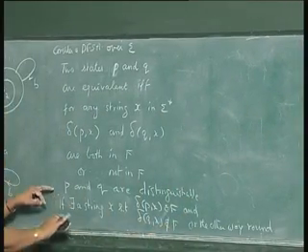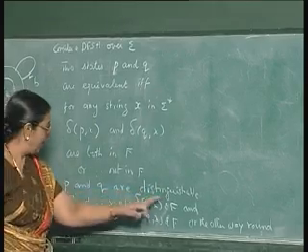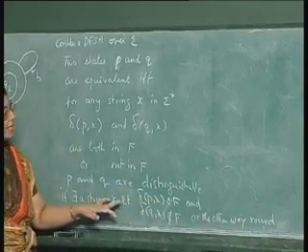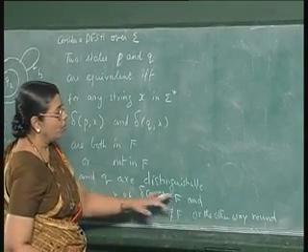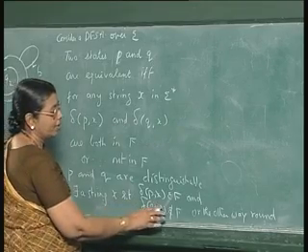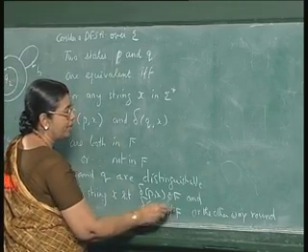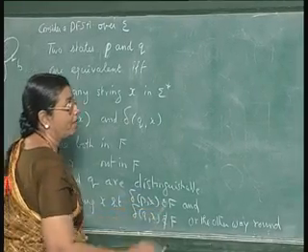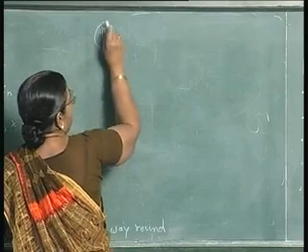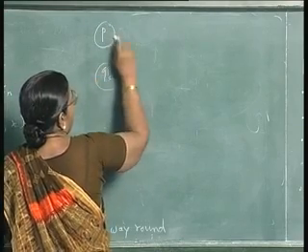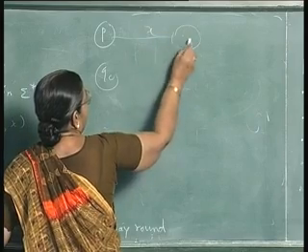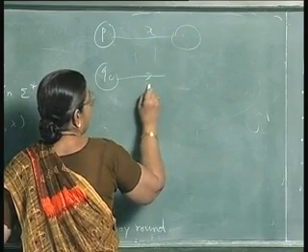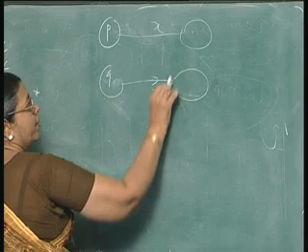That is, from P and Q, this x takes you to a state, and from Q it takes you to a state.